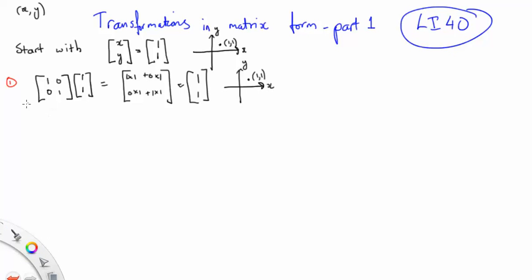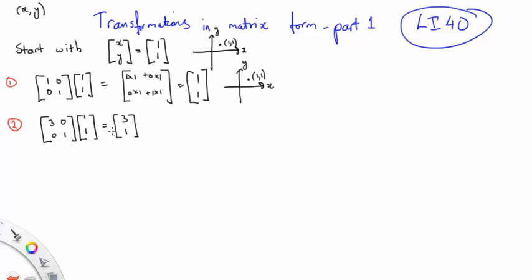So let's spice things up a bit. Let's try a different sort of matrix here. Let's try 3, 1 in a diagonal, times 1 comma 1. Please make sure you know how to do this by hand. When you multiply this out, you'll end up getting 3 1.